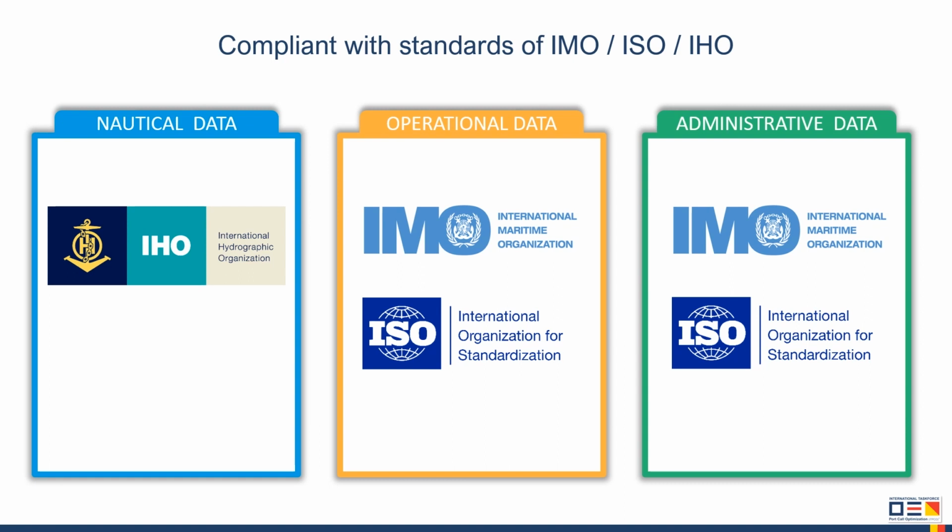For operational data and administrative data, it is the IMO, or International Maritime Organization, and ISO, the International Standardization Organization, which offer basic minimum data standards which ports, their governments, and port communities can use to build robust and sustainable maritime single windows, port community systems, and port management systems.